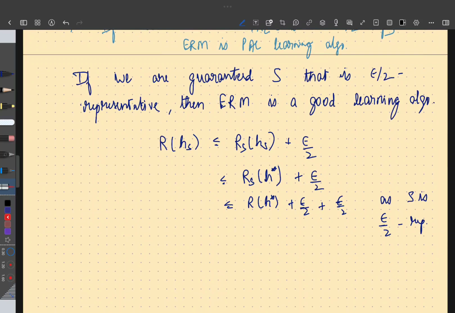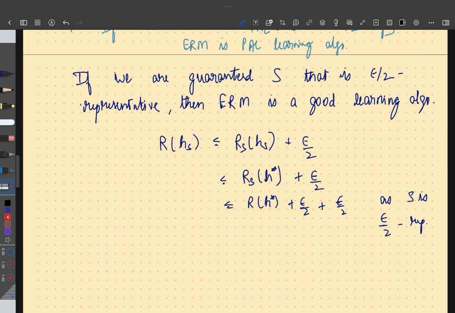Is that clear? H star is a better function. Correct. Then we should have in the second step... Which one? So again, remember that H star achieves the minimum value of R, the average risk. But Rs is the empirical risk. Okay, H star is better than Hs in terms of the average risk.